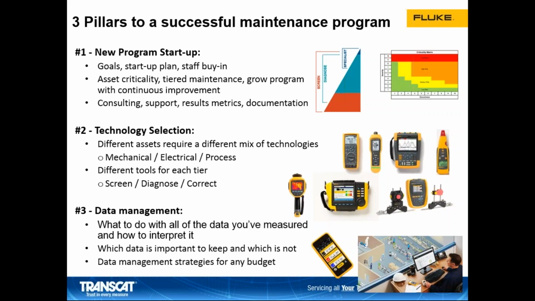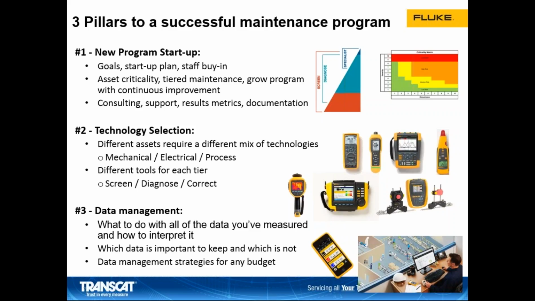The next thing is what technology, what tools, what kind of things do I need? We'll talk a little bit about some of the new smart tools that we're seeing come on the market and how these tools can be used to help smaller companies and companies that don't have experts in-house to start a program. And then last, what do I do with all the data?